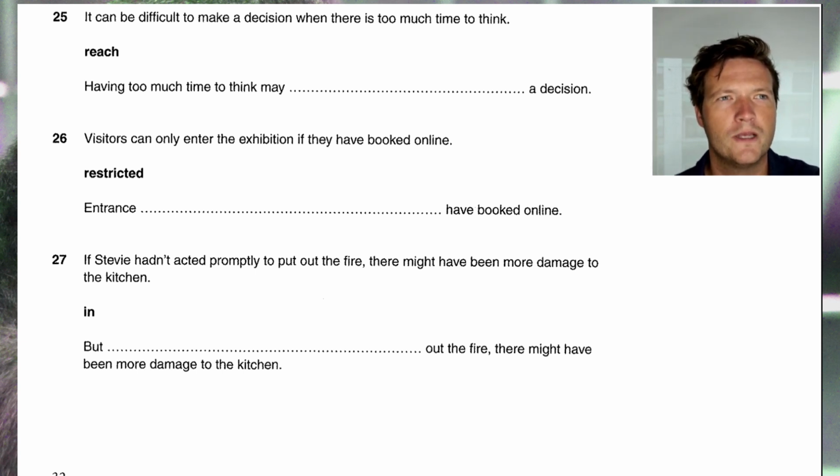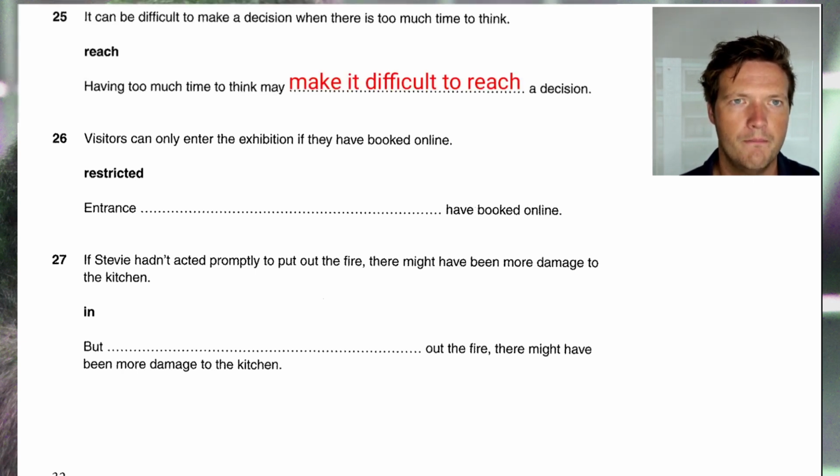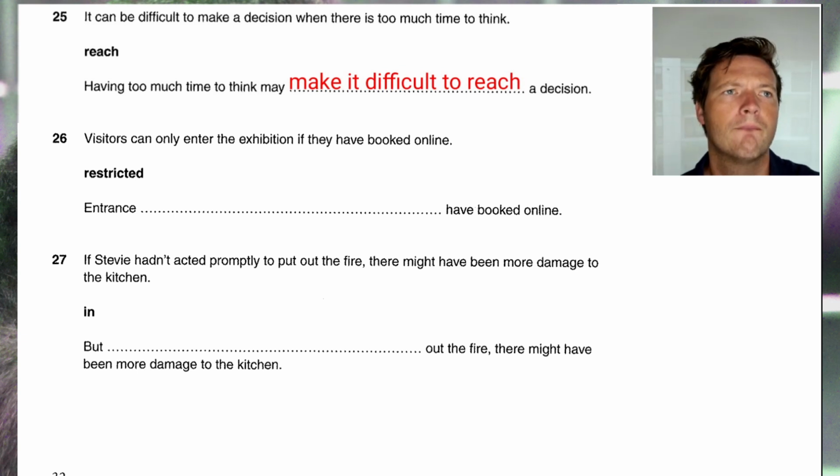How can we word that exactly? I think I would say having too much time to think may make it difficult to reach a decision. May make it difficult to reach a decision, I think.